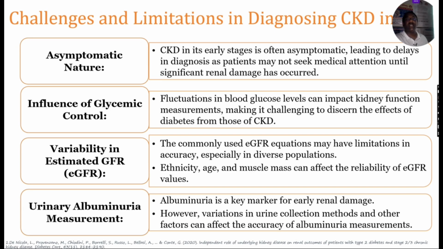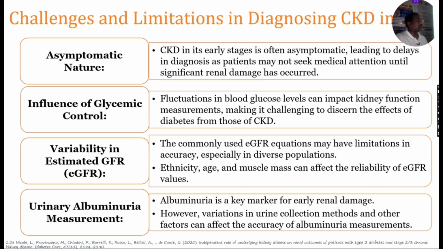CKD in its early stages is often asymptomatic, leading to delays in diagnosis, as patients may not seek medical attention until significant renal damage has occurred. By the time they are symptomatic, they are already in stage 4 or 5, and very little can be done. There we can't stop the progression of the disease. We can stop the progression provided you diagnose CKD in stage 1, 2 or 3.